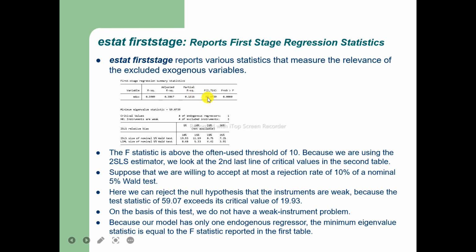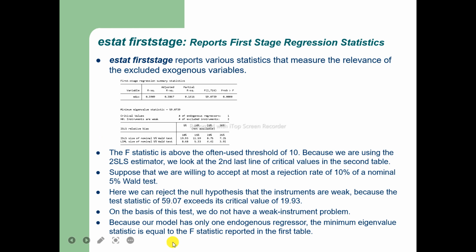This is the computed value of the F test, and we must compare this value with these values. If this value is higher than all these values, then we reject this null hypothesis that instruments are weak. Since this is greater than these values, we reject the null hypothesis that the instruments are weak, and we can safely conclude that the instruments that we used are not weak.